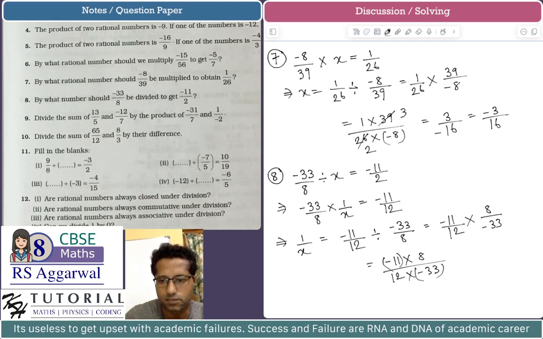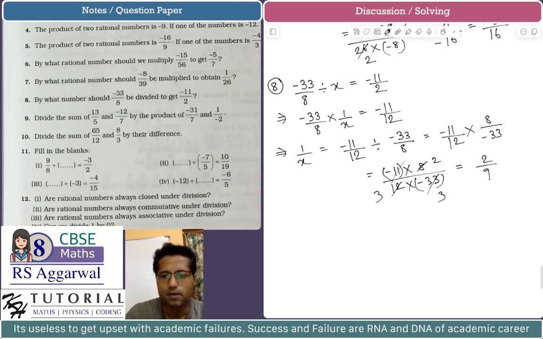Now if you do cancellation, this will become 4, 2, 4, 3, this 3. This is 2 by 9. So now we have 1 by x is equal to 2 by 9. We need x. Now what is x?